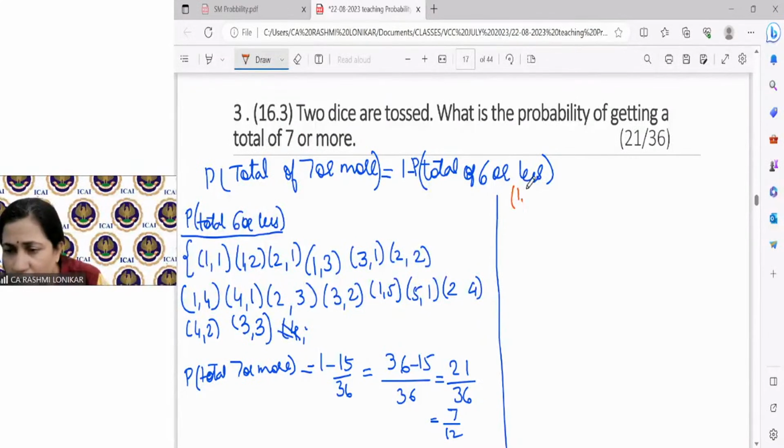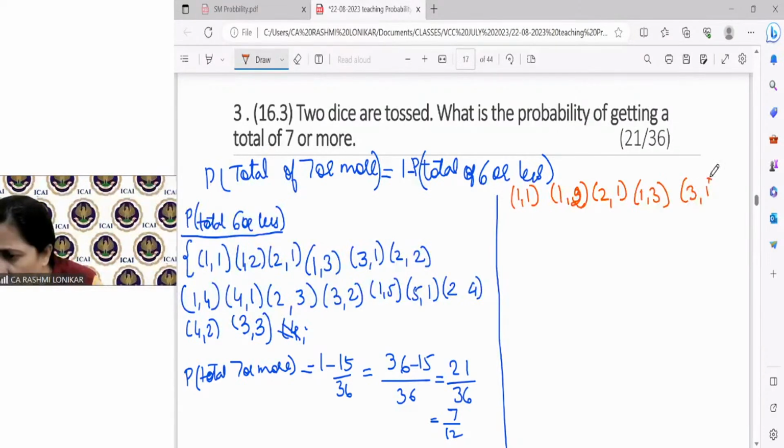Total of 2 is 1, 1. Total of 3 is 1, 2 and 2, 1. Then 4 will be equal to 1, 3, 3, 1, 2, 2.